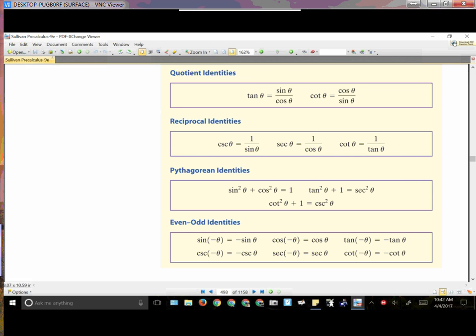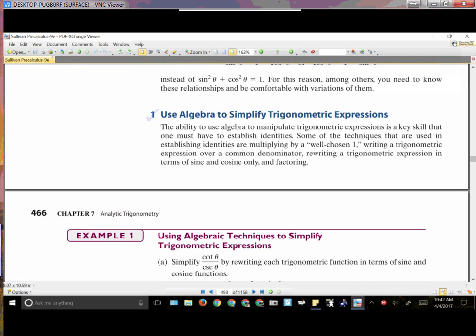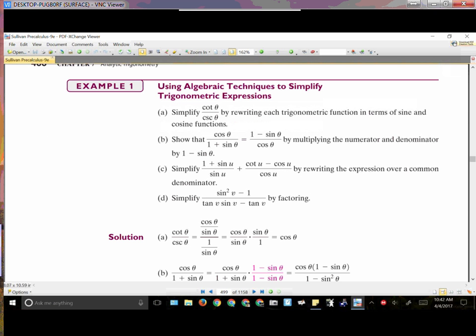But now we also have these even and odd identities. For example, the sine of negative theta is equal to the negative sine of theta. We're just identifying the things that are going to be equal. So when you're given a trigonometric expression and you need to simplify it, we go through and apply those things. That's all that it really requires.